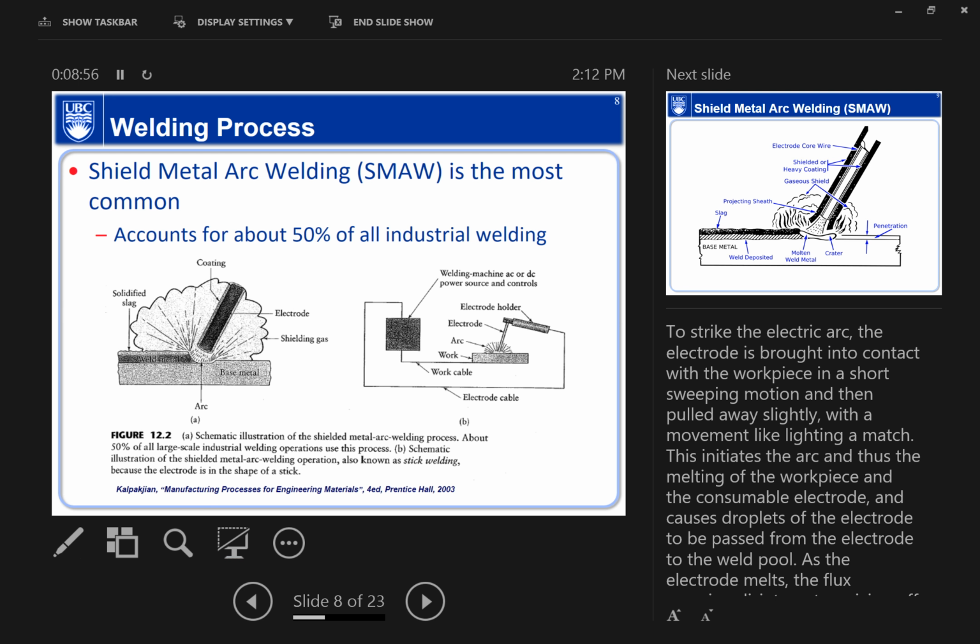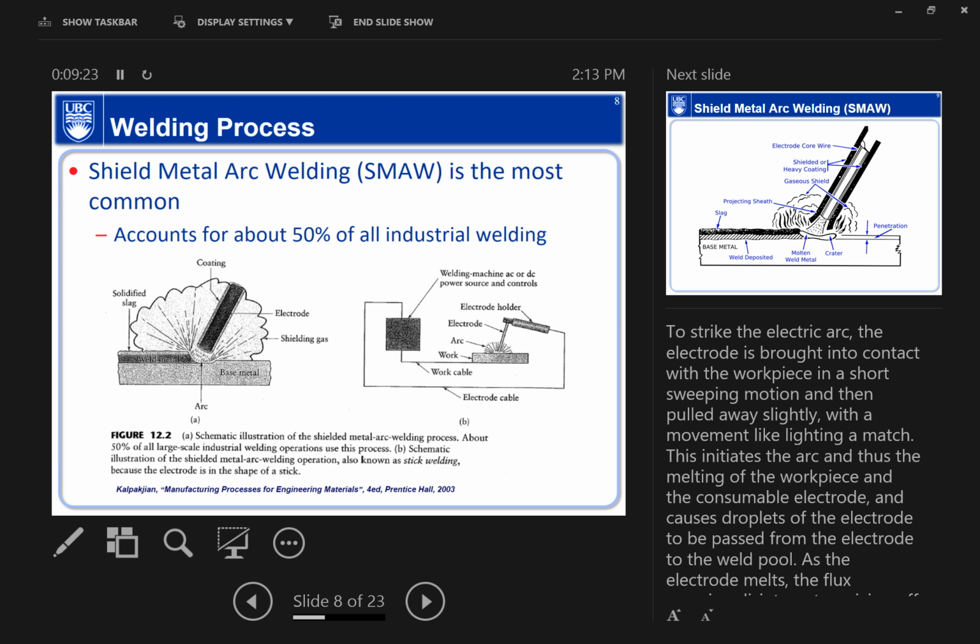Overall, as you finish the process, you will see a thick, dark material left on the surface of the melt. It's called slag. You have to scrape it off to clean it up. That's one of the shortcomings of stick welds.